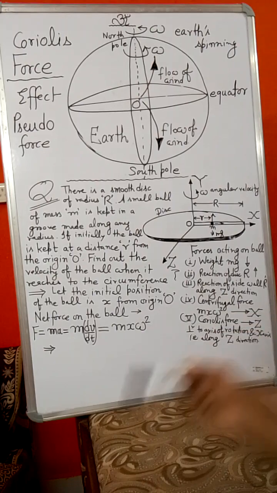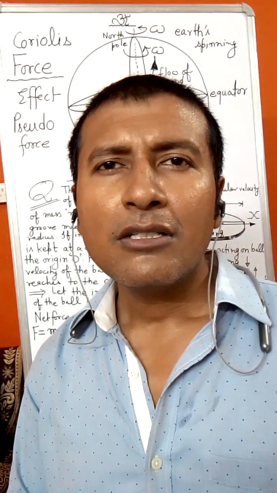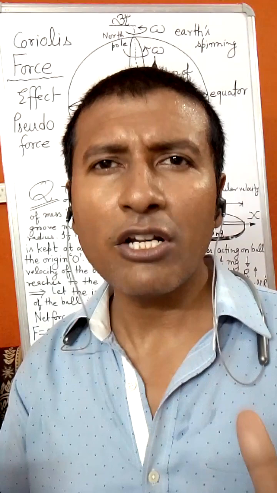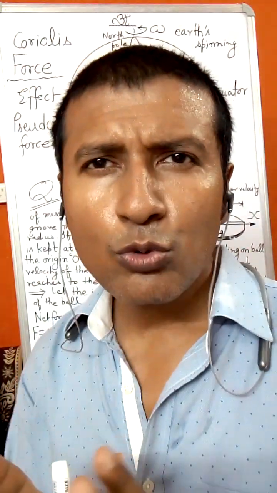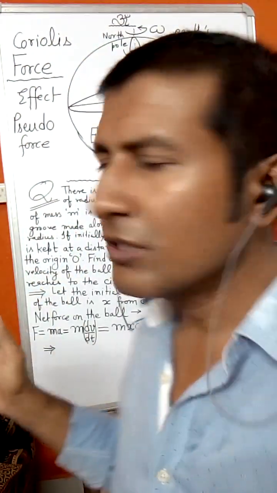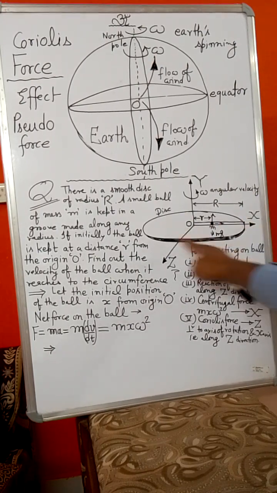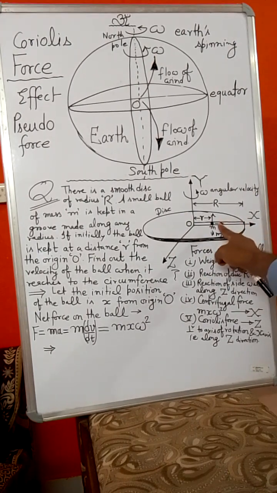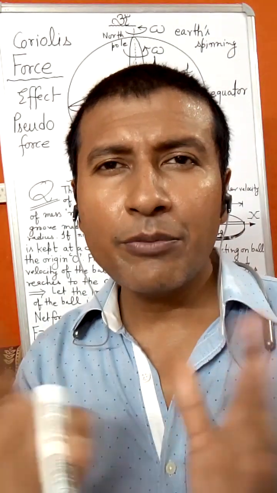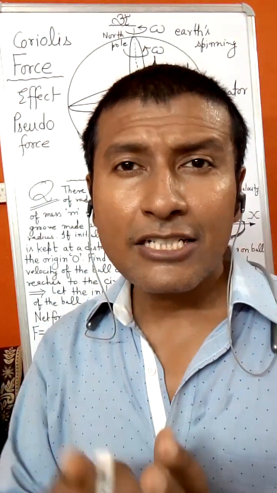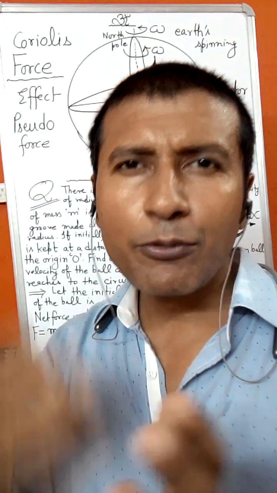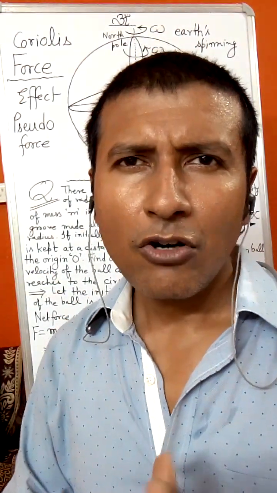This point is clear? Apart from this, there is another force known as centrifugal force, which is directed towards the circumference of this uniform disc. We all know the direction of centripetal force is towards the center, but the direction of centrifugal force is away from the center of the rotating frame.